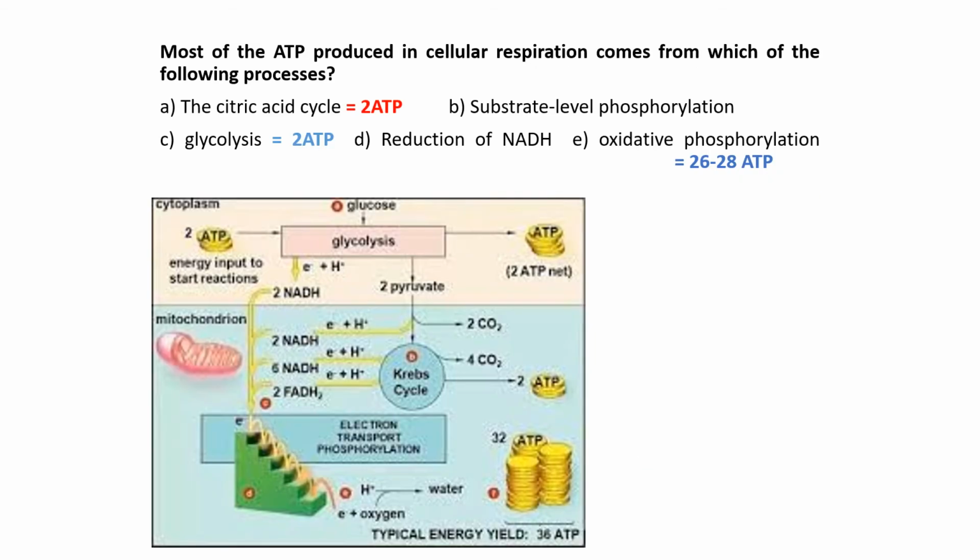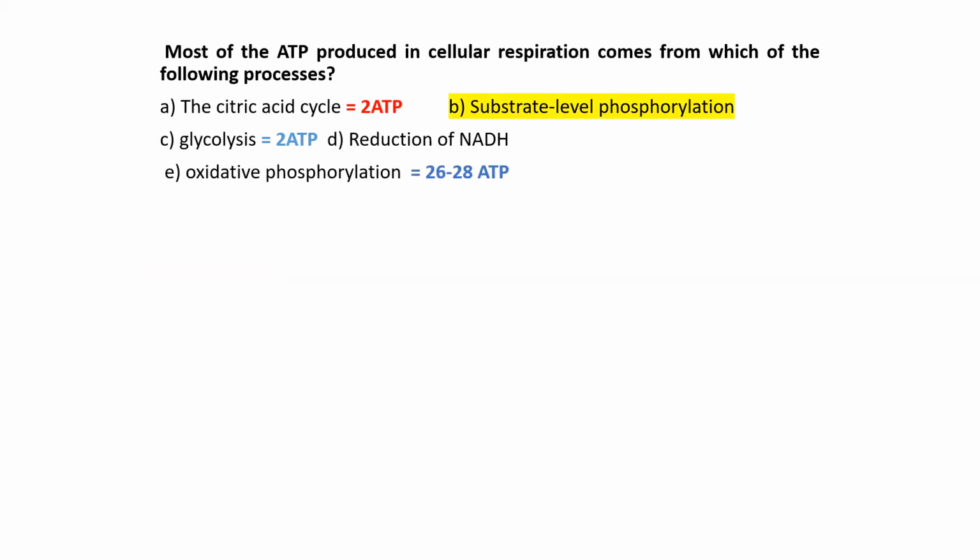So as we said, glycolysis produces ATP as well as the Krebs cycle, but the majority is produced by the ATP synthase. And yes, maybe this could be a question in a test. There's substrate level phosphorylation, and it takes place both here in glycolysis and in the citric acid cycle.